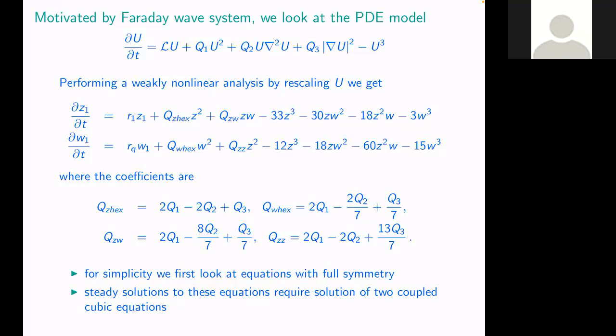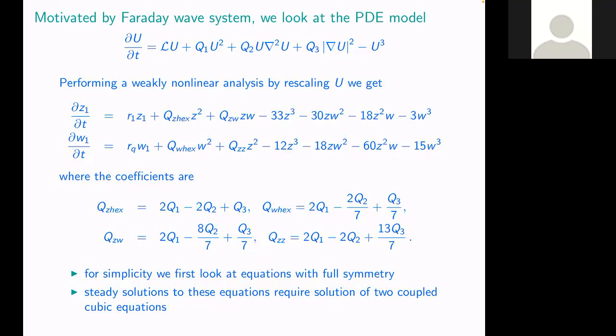Now, the other 2 terms are really the more interesting ones because, in some sense, they allow for crosstalk between the 2 length scales. This is clearly more apparent in the ZW term because we have a Z and a W adding up to a Z. That gives us the kind of triads we talked about, where 2 large wave vectors add up to a small wave vector.